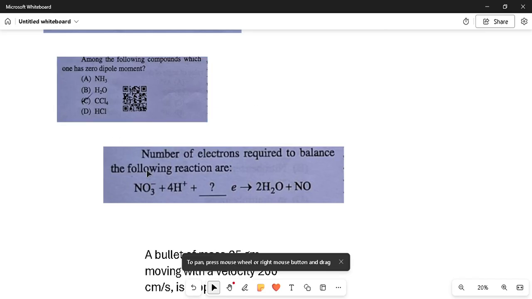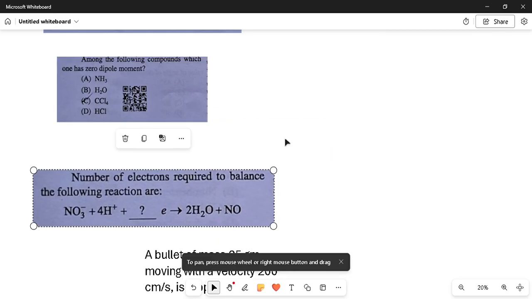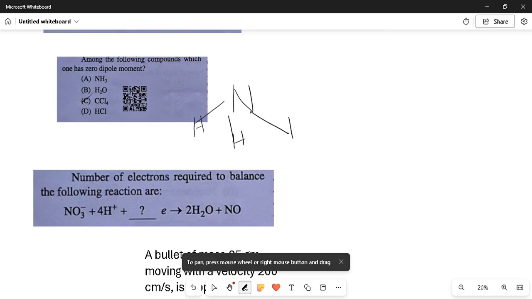From their structure, I remember you can easily say which has zero or non-zero dipole moment. Take NH3. Sorry, one thing I thought wrong. The NH3 structure is given.